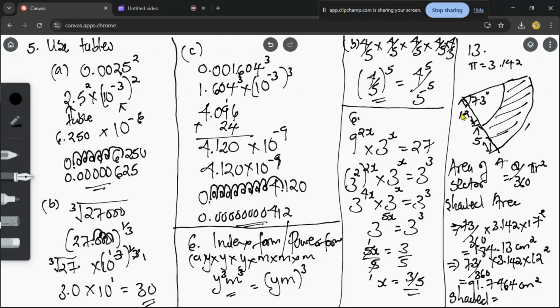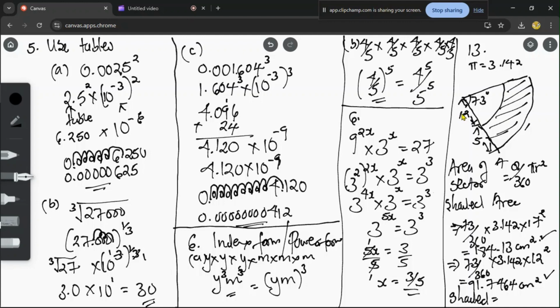So if I want to get the shaded area now, it will be this area minus this area. This is the area of the bigger one, the whole of this sector, minus the area of the smaller one, meaning this small sector here. Be careful here: I take this answer minus this answer. So it will be 184.13 minus 91.7464.